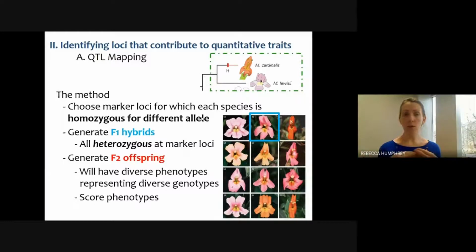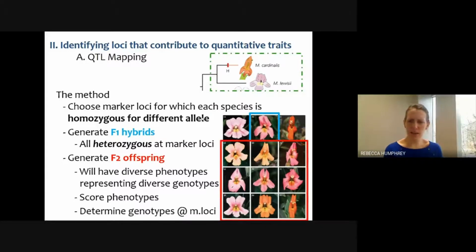Maybe we're looking at the quantity of nectar, so we're extracting the nectar and measuring the quantity. Maybe we're measuring the amount of sucrose in the nectar, so we're doing some chemical analyses, right? So whatever traits we're looking at, we need some way to measure those traits. Okay, so that's what we do.